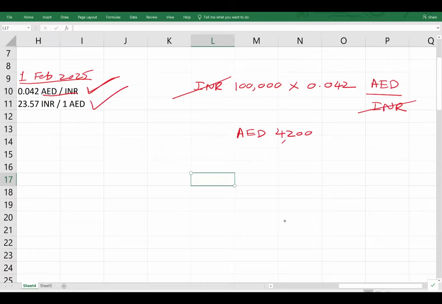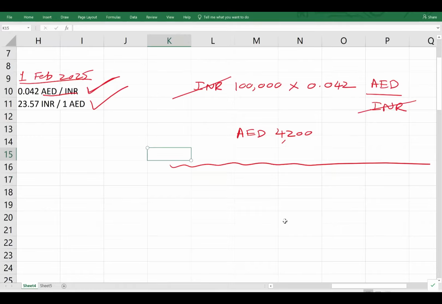Let's try that. So if my exchange rate is given in this way, and same thing, if I have to receive 100,000 INR, I cannot multiply, because if I multiply this now, 23.57 INR over AED, you see, INR will become INR square, and there's no way to cancel it out. So what should we do?